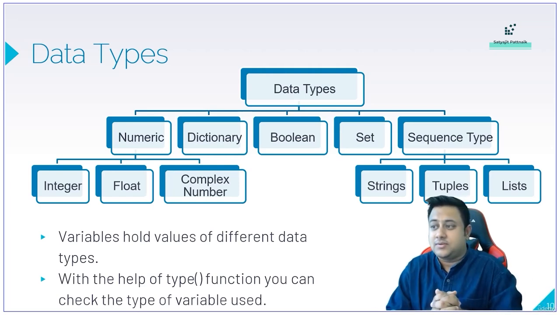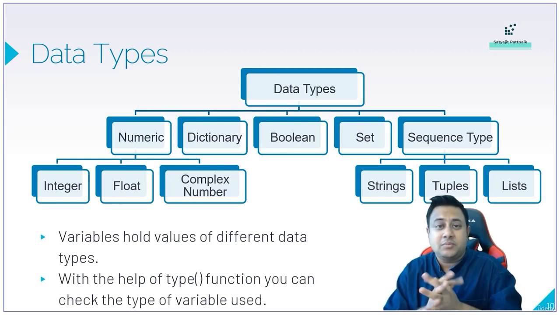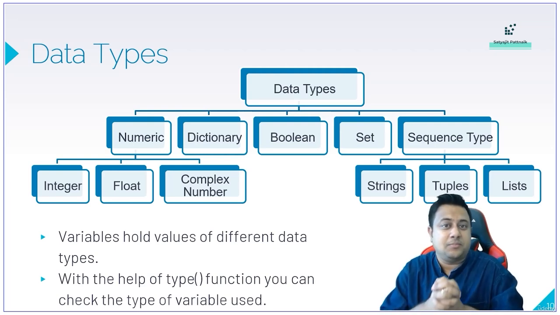Then we have Boolean data types, true or false. We have set data types. We have sequence types. Now, talking about numeric type, it is further divided into three categories: integer, float, and complex number.